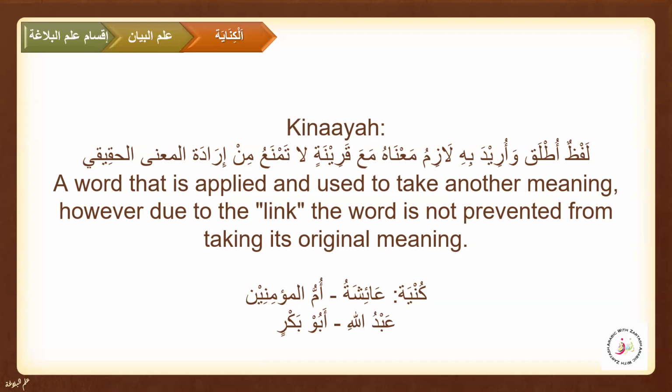Here we see Aisha as Umm al-Mumineen, mother of the believers, and Abdullah, the son of Abu Bakr. Kunya uses a title, Abu, the father of, or Umm, the mother of, the name of the child, real or symbolic. So here we are going to see how kunya works.